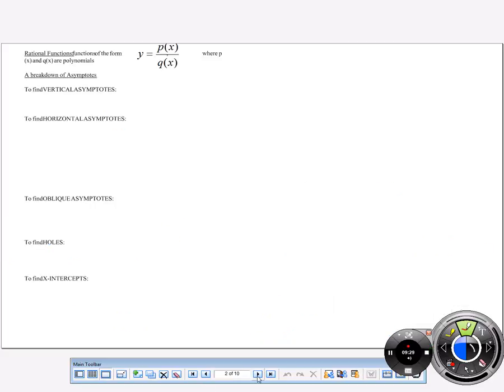Okay? To find a vertical asymptote, you need to find the values of x that make the function undefined.